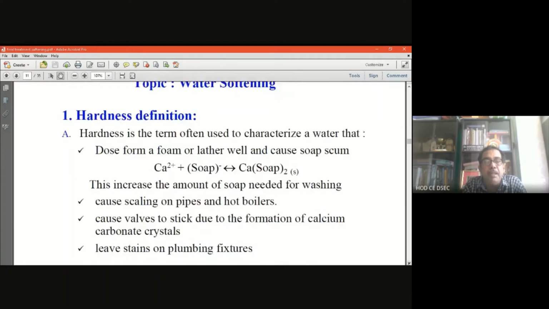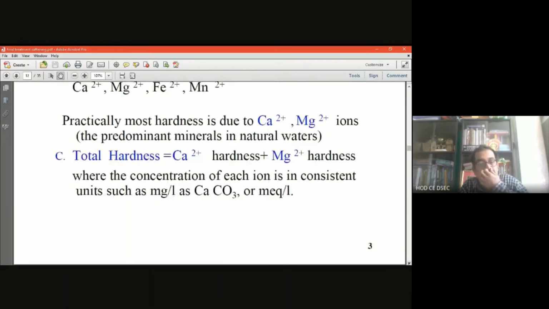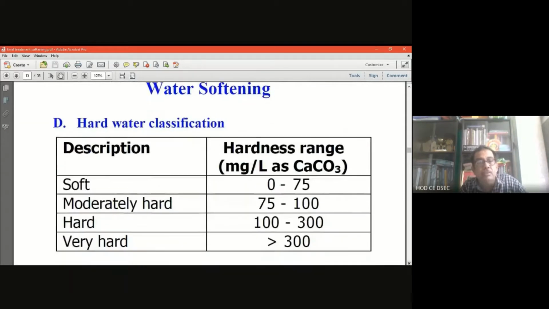Now, I will give you a numerical example, then it will be very much clear. Although I have highlighted these things while defining the different characteristics of the water, hardness is one of the key characteristics. Water is soft if the hardness is 0 to 75. If it is moderately hard, then it is 75 to 100.